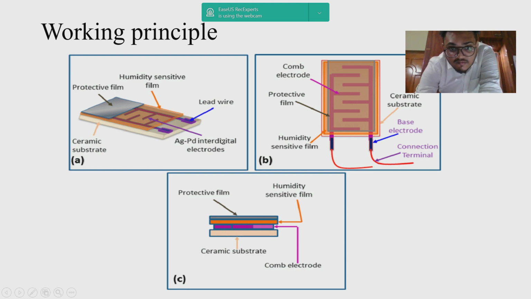The comb-like structure is present between the humidity sensitive film and the ceramic substrate. You can see a wire system, for example using AgPd interdigital electrodes, which will detect the moisture content, and it is delivered to the central processing unit for calculation.